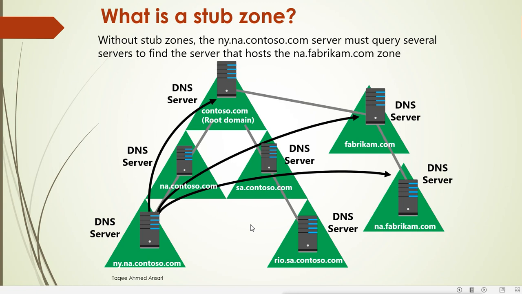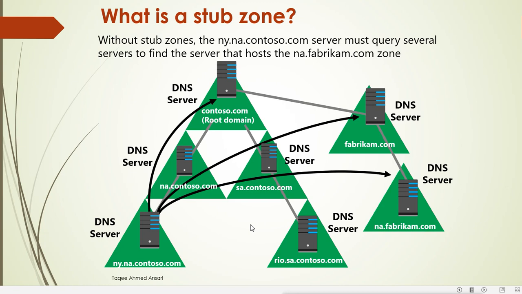That means you can create records and delete records. The secondary zone does not have a read-write option. That means in a secondary zone you cannot create or delete any record. The records will be available from the primary zone, that means they will be replicated from the primary zone.